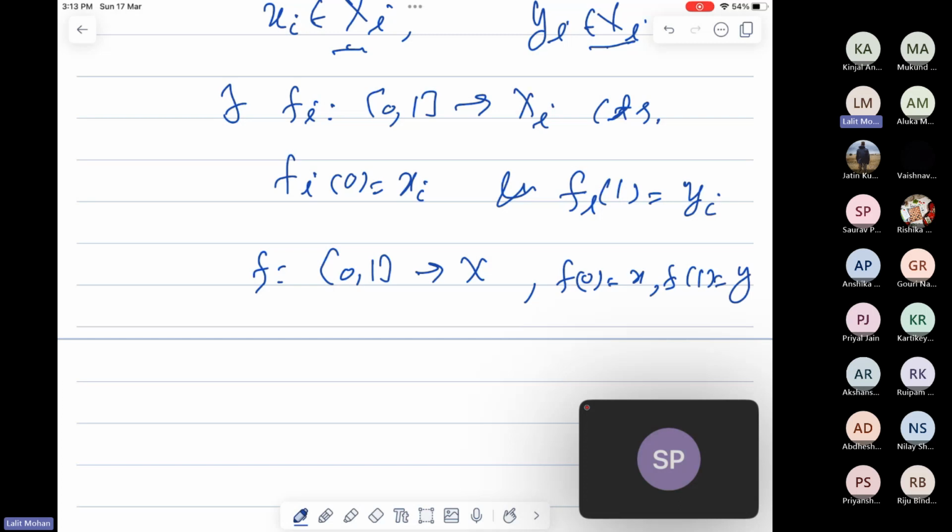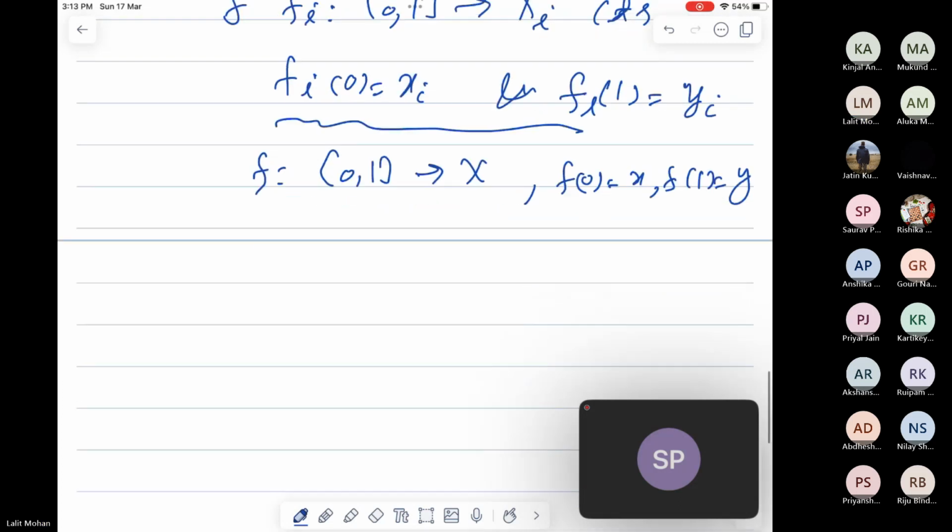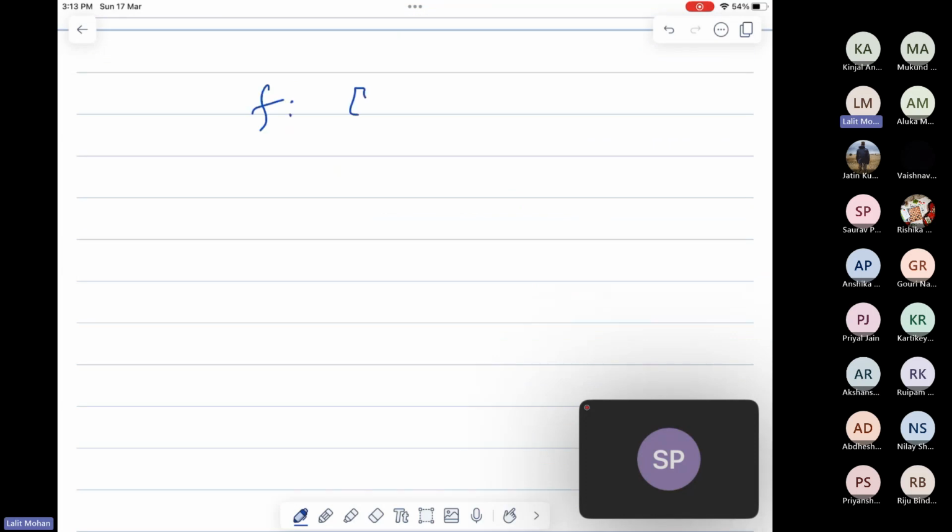So now you have f_i. Now, can you tell me the function f from [0,1] to X, which function we will choose? Can you tell me the function now?